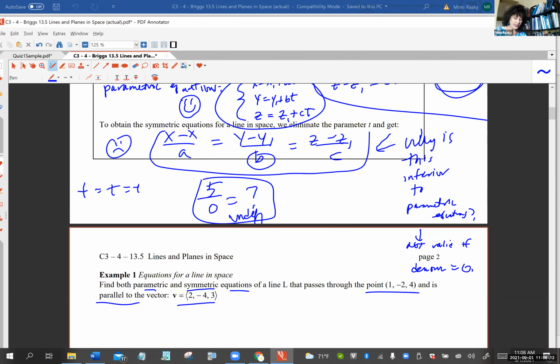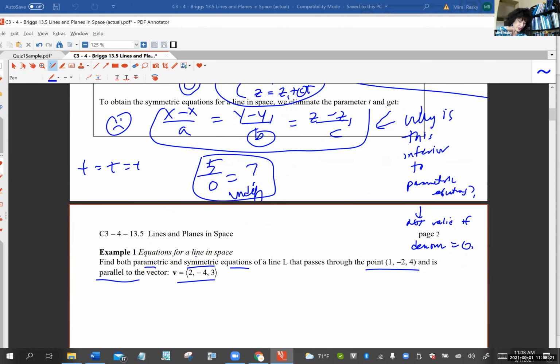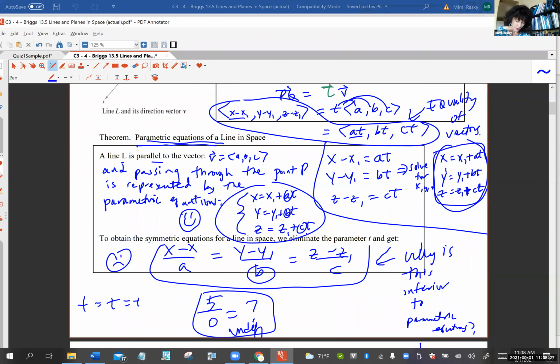So if you go back to the theorem, the A, B, and C, those direction numbers, the components of your vector, those are the values that you have to multiply with t. Now this t, and I didn't go over this, but it's in the theorem, this is what we call the parameter.